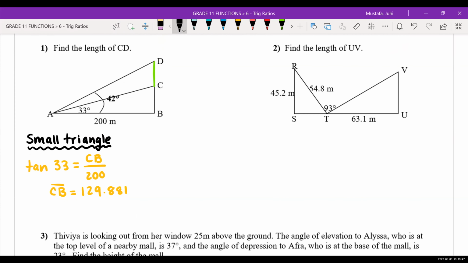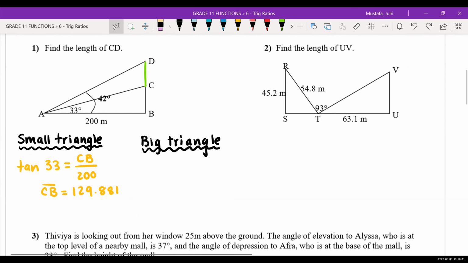We're going to do the same thing for the larger triangle. For the big triangle, I have angle 42 degrees here. I'm going to call this side length BD, and I have 200 meters here, and I don't have the hypotenuse, so I'm going to be using tan again to figure this out.